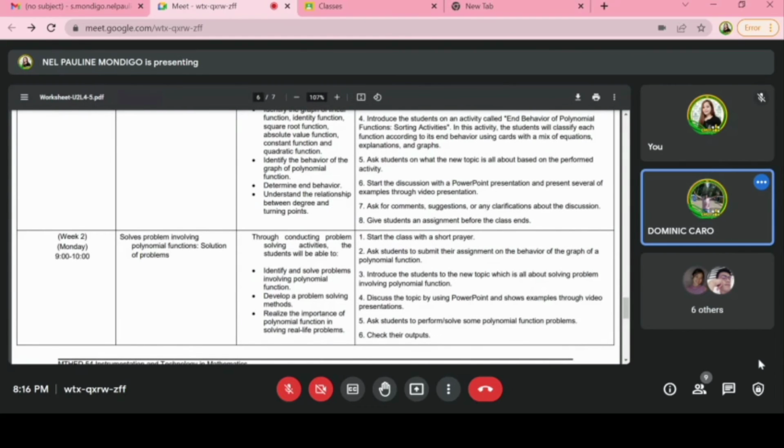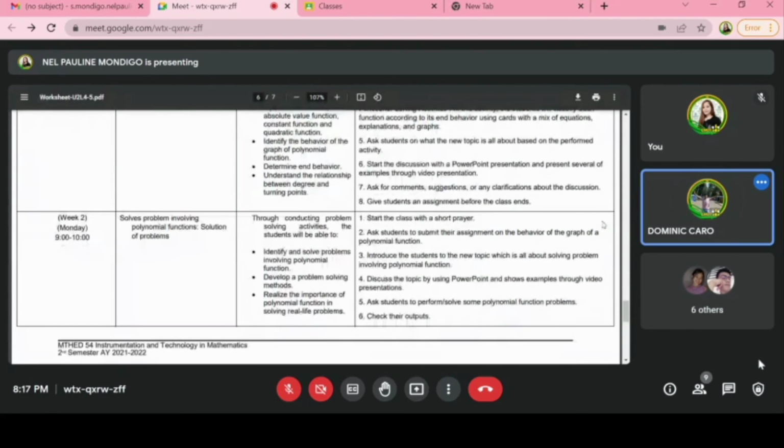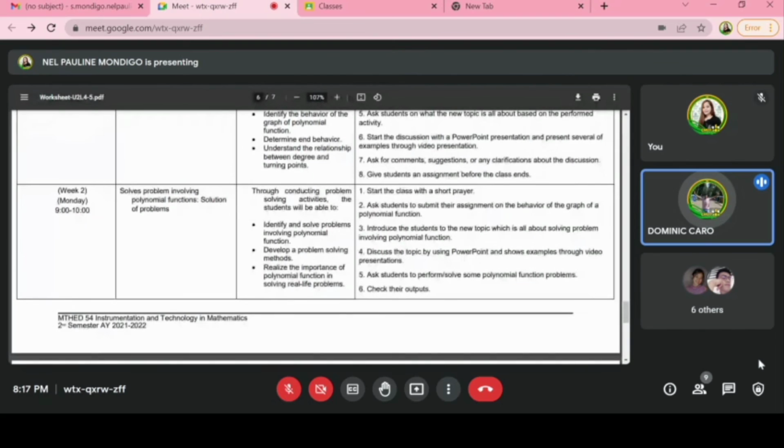Next is day and time, Week 2, Monday, solving problems involving polynomial functions, solution of problems. That is the learning competency.